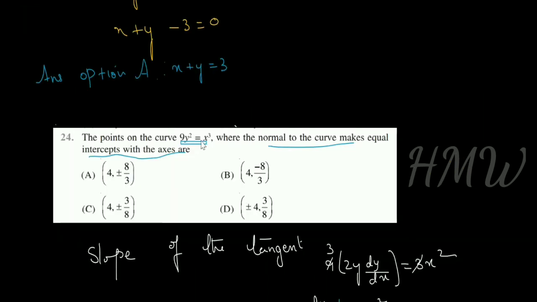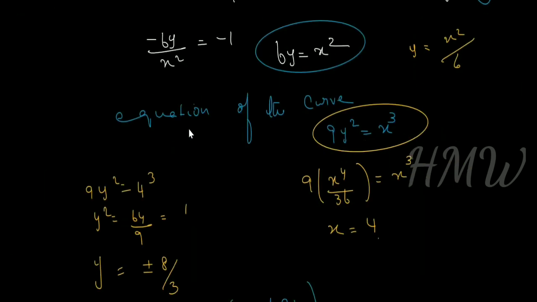The curve is 9y square is equal to x cube. We have to remove the variable y. So how do you remove this variable y? The equation of the curve is given, and the normal passes through the curve, right?